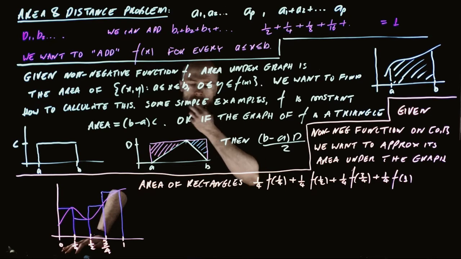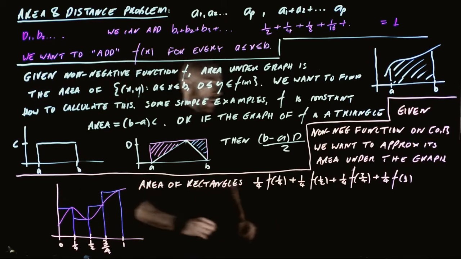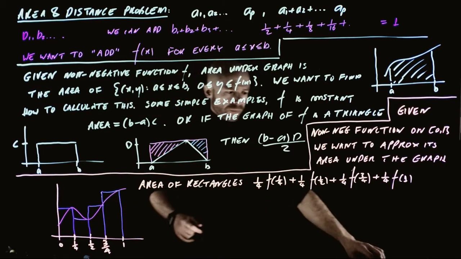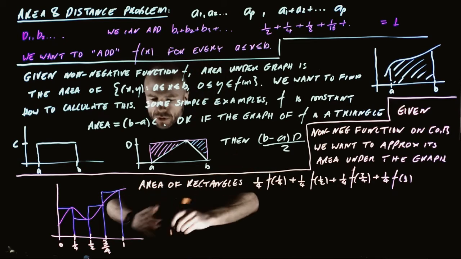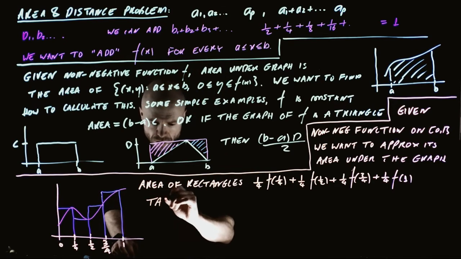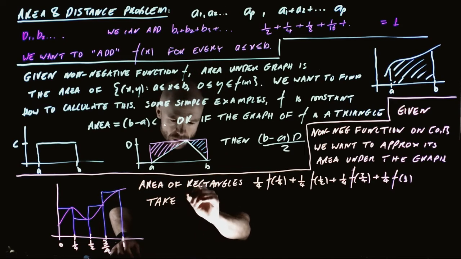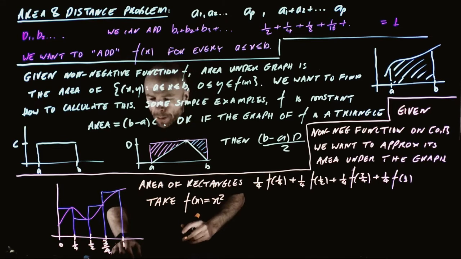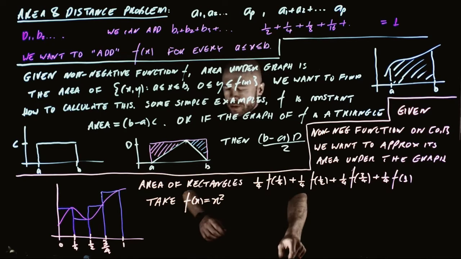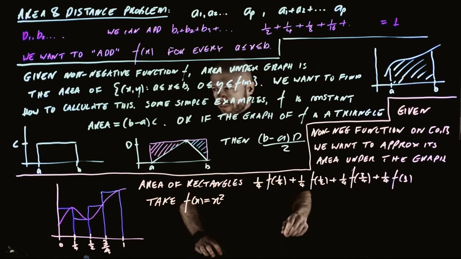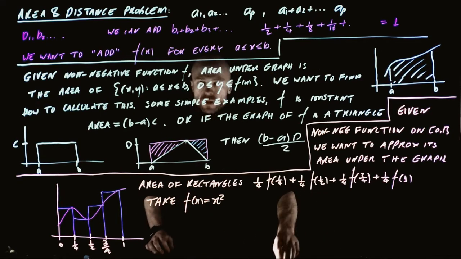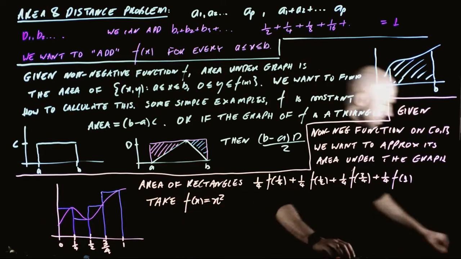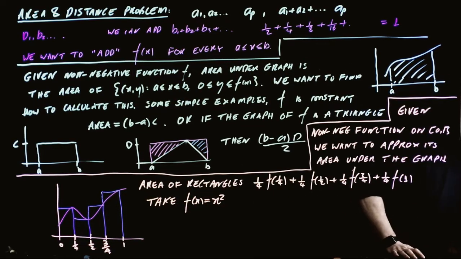Let's give it a go with just some specific input, say f of x equals x squared. Let's create some space because we're running out of space.